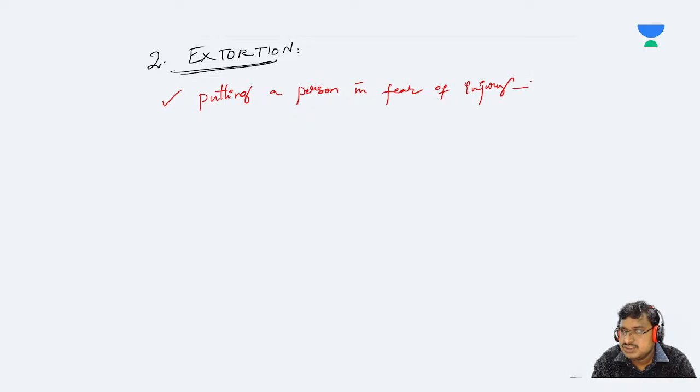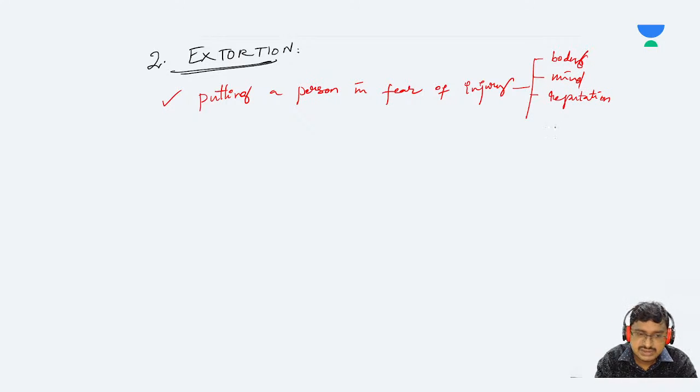This injury may be bodily injury, injury to mind, injury to reputation, or injury to property.